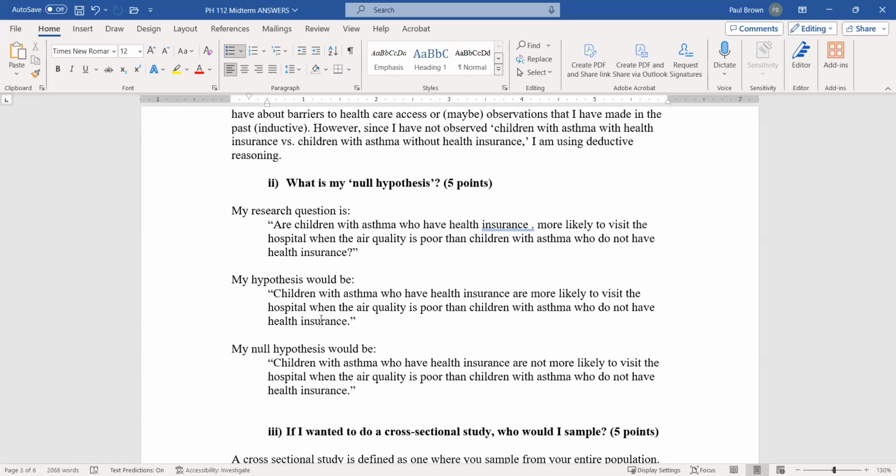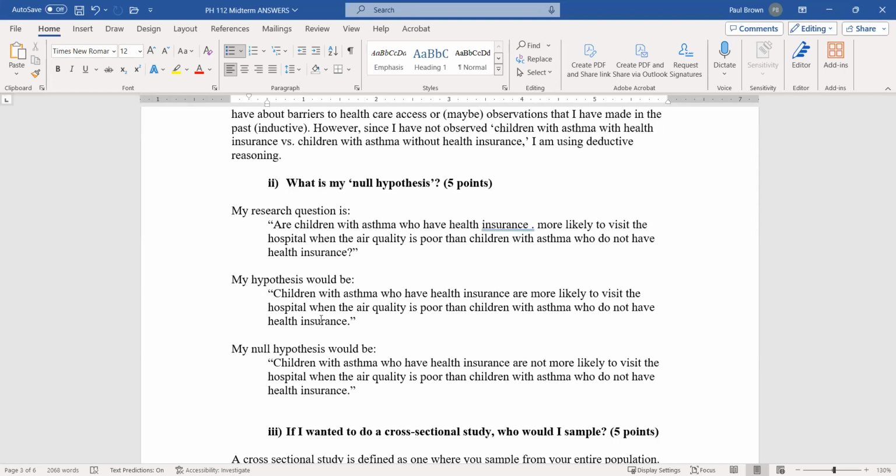So now this question is asking about your null hypothesis. You have to realize that this is a little different, because it's not saying, are children with asthma more likely to go to the hospital when the air quality is bad? This is saying that given that the air quality is bad, are children with asthma who have health insurance more likely to go to the hospital than children with asthma who do not have health insurance?